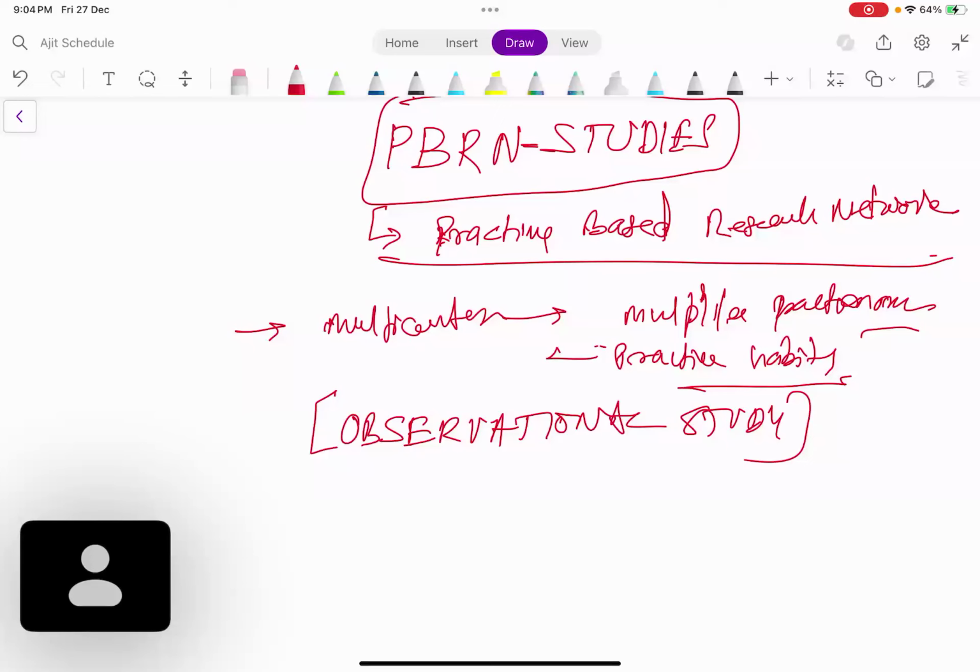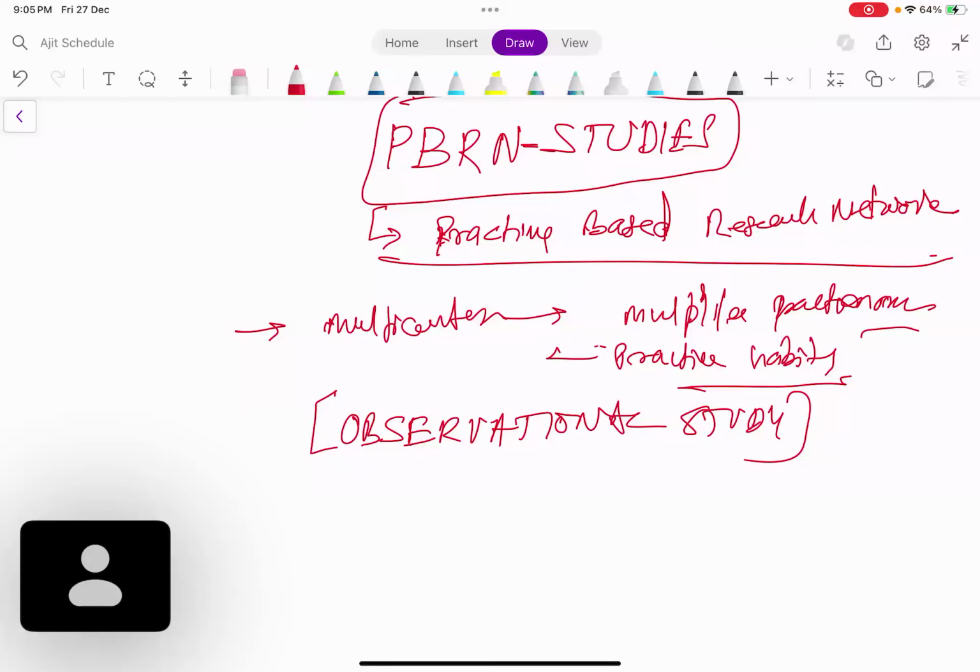So what you will do is first do it in the network hospitals. Network hospital means all the primary care or tertiary care hospitals associated with one government, one name, or maybe one institution. Or suppose all the mohalla clinics in Delhi.